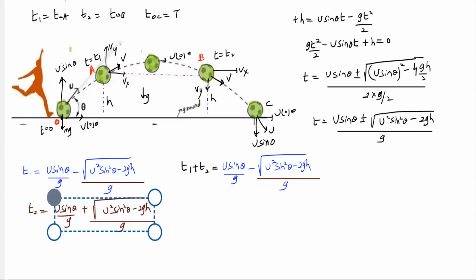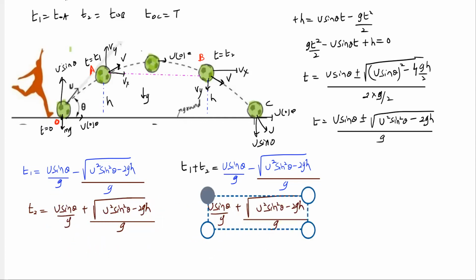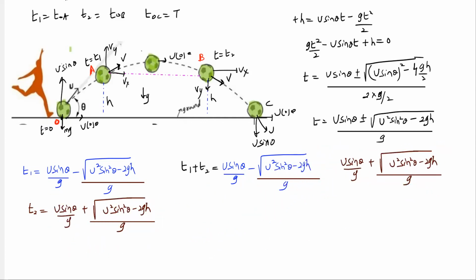I'll substitute the value. Then this T1 plus T2 will be 2u sin theta by g, which is nothing but equal to the time of flight.